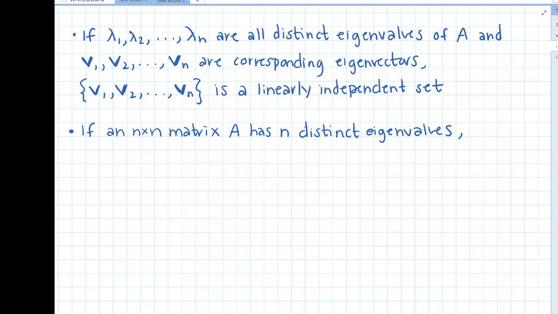And so what do we know about a matrix that has n linearly independent eigenvectors? That means it's diagonalizable.